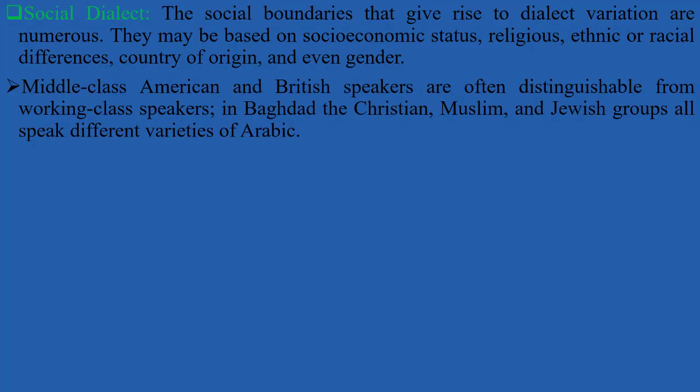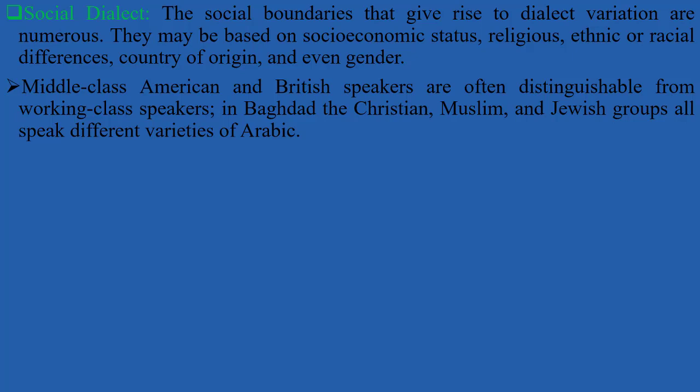And then we have social dialects. We talked about regional dialect, in which we have the differences we discussed. And then we have social dialect as the second type of dialect. The social boundaries that give rise to dialect variation are numerous.